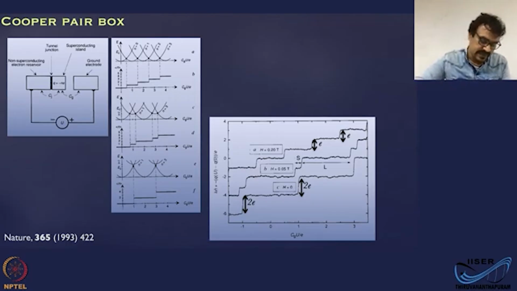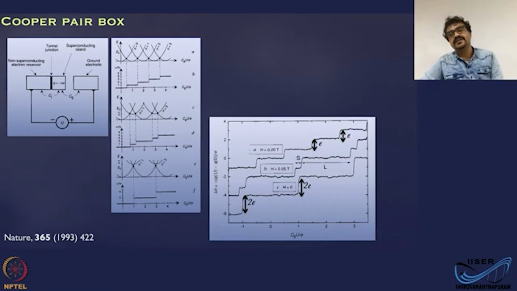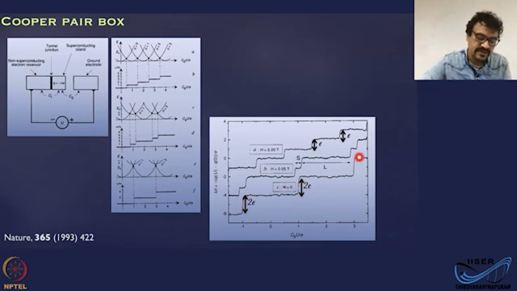So here you can see, when you have a small magnetic field applied, the steps that we discussed are of the magnitude of charge e, electronic charge. And when you don't have a field, then these steps are twice in height, with the charge 2e.